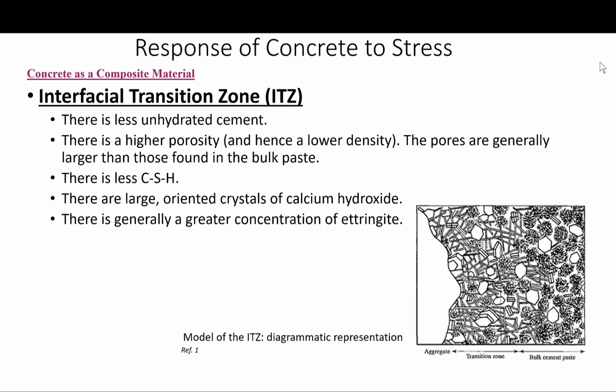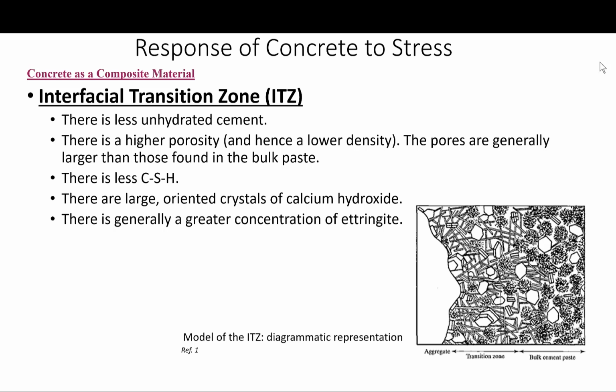As discussed previously during the study of the hydrated cement paste structure, the structure of the ITZ is different from that of the bulk paste in the following respects. There is less unhydrated cement in this zone. There is a higher porosity and hence lower density.